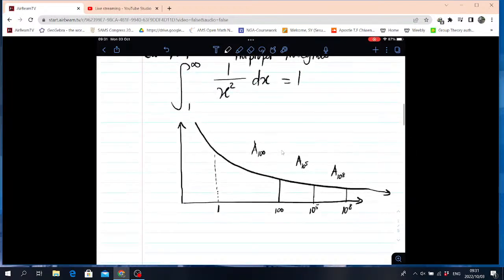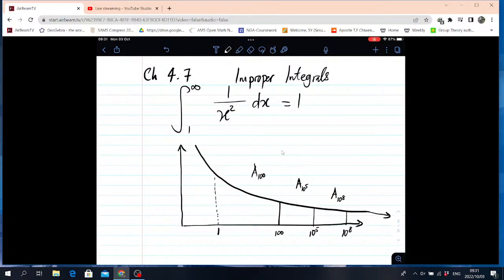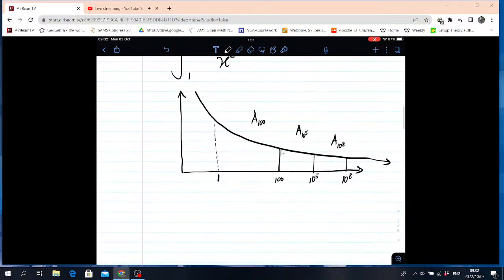Okay, so we are looking at improper integrals, and what we want is to be able to integrate certain functions. What we have been dealing with at the moment was to integrate functions that are defined on some closed and bounded interval like that, right?